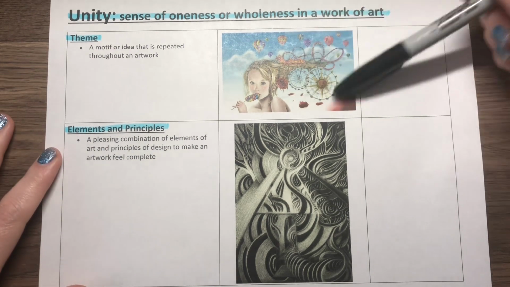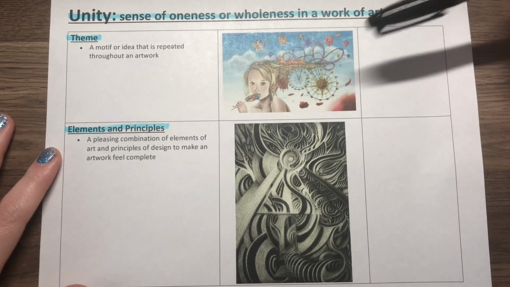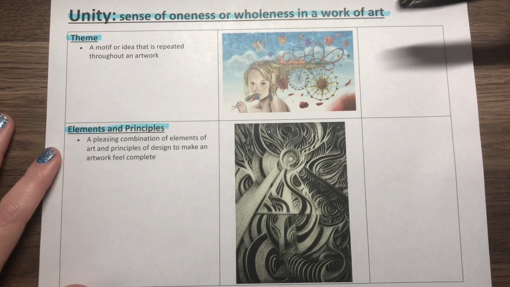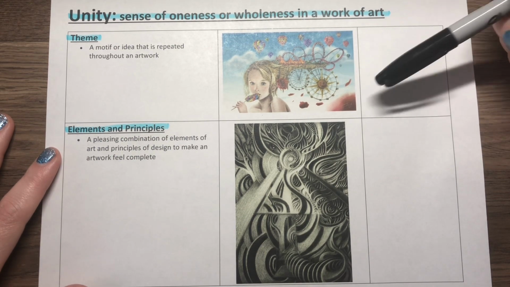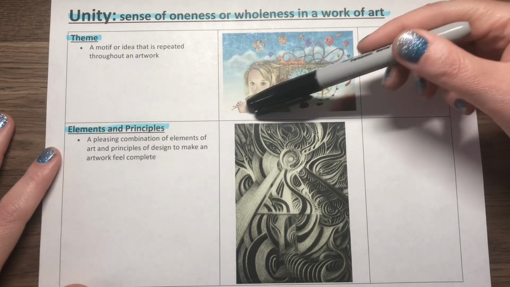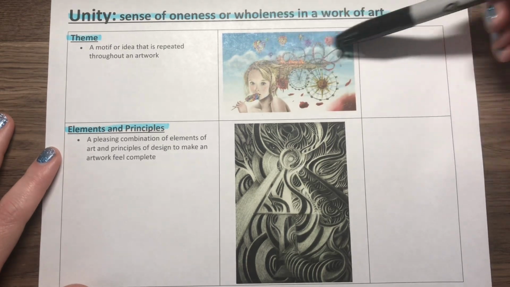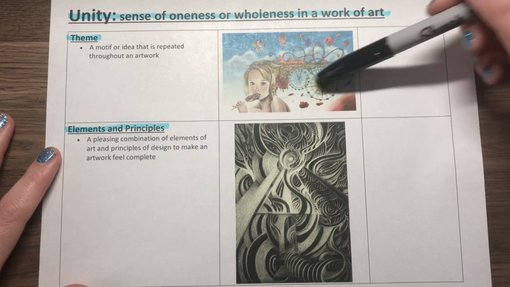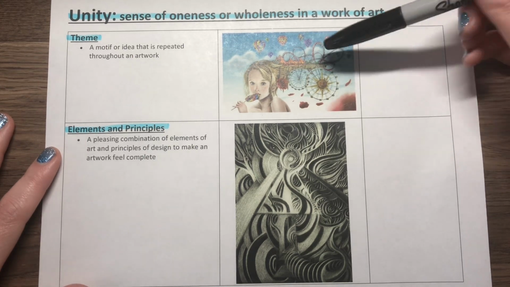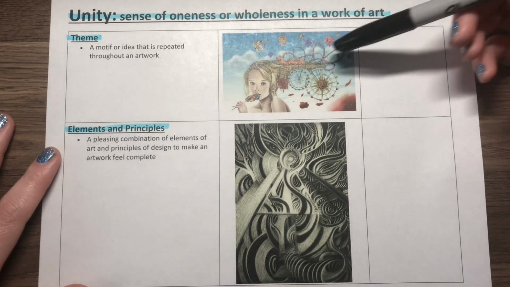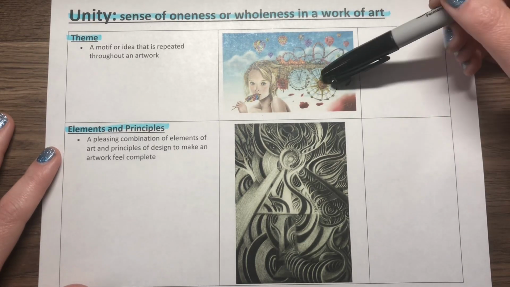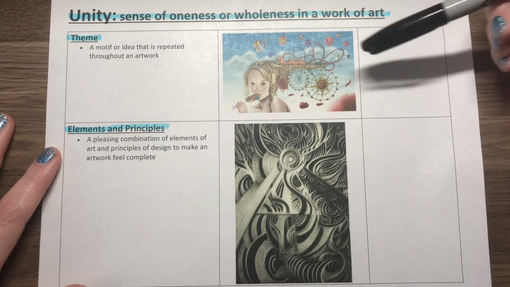So if you look at this artwork right here, there's a couple different things that you could look at and say there's a theme to it. You might look at the child and the little lollipop and all the hot air balloons and the roller coaster, and you might think maybe the theme here is childhood and what people are interested in when they're kids, right?